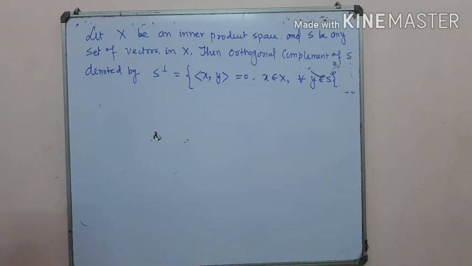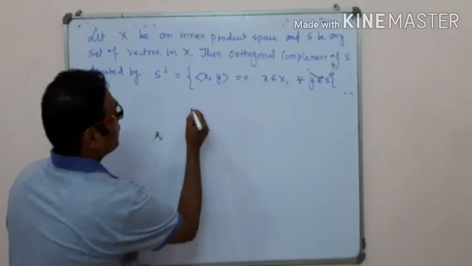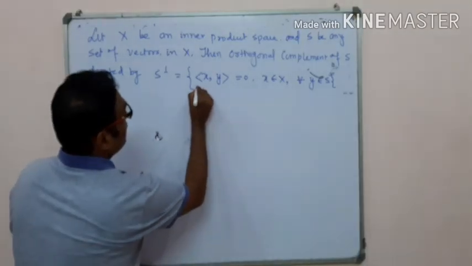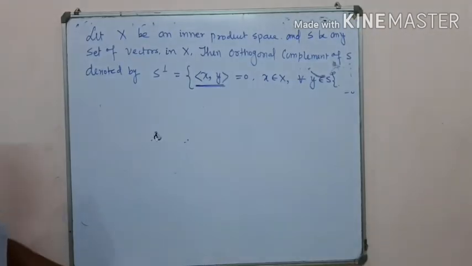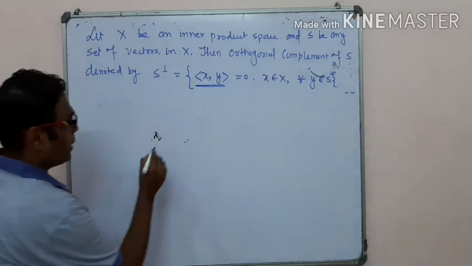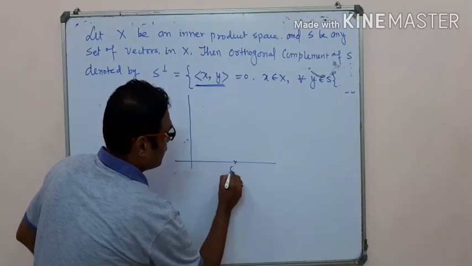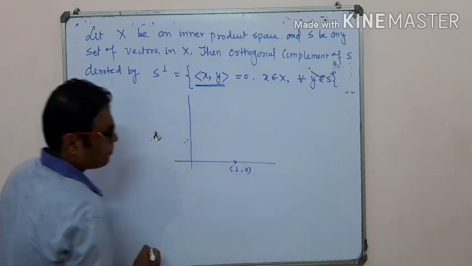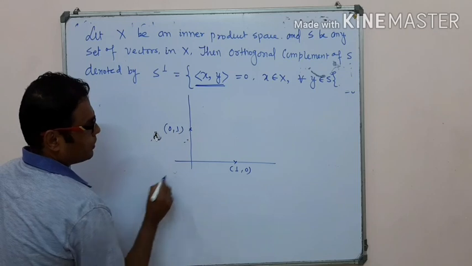That is the set of all those vectors in inner product space X such that the inner product between these two is equal to 0, that is, mutually perpendicular. Geometrically, if this element is (1, 0), then this element is (0, 1).